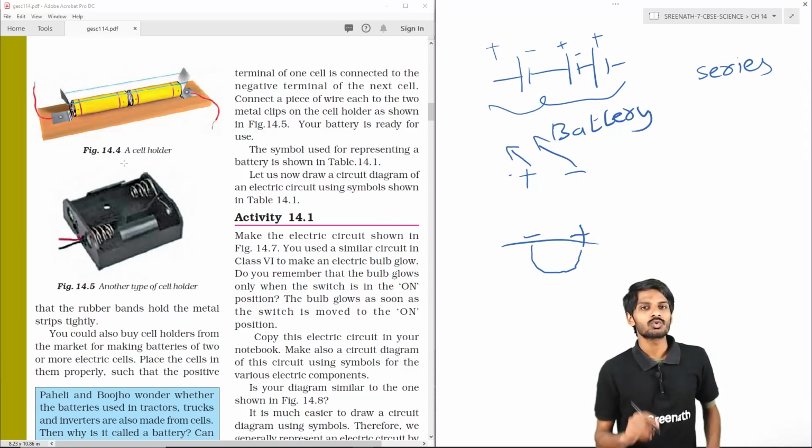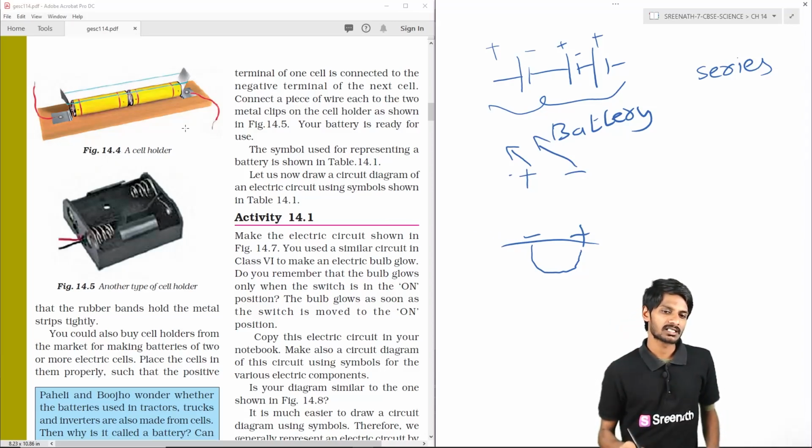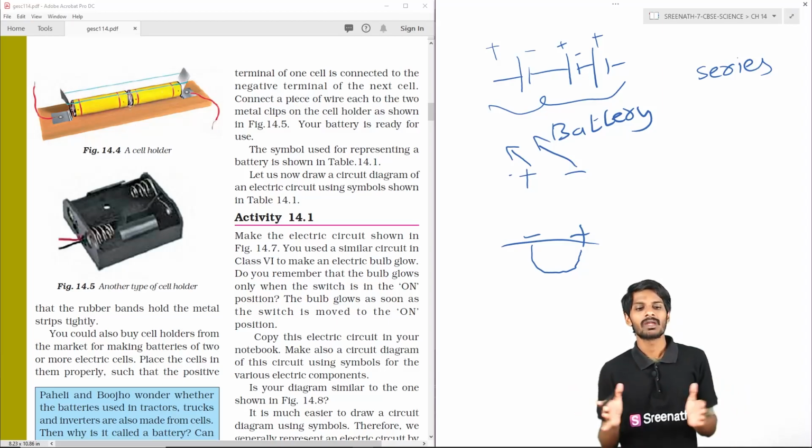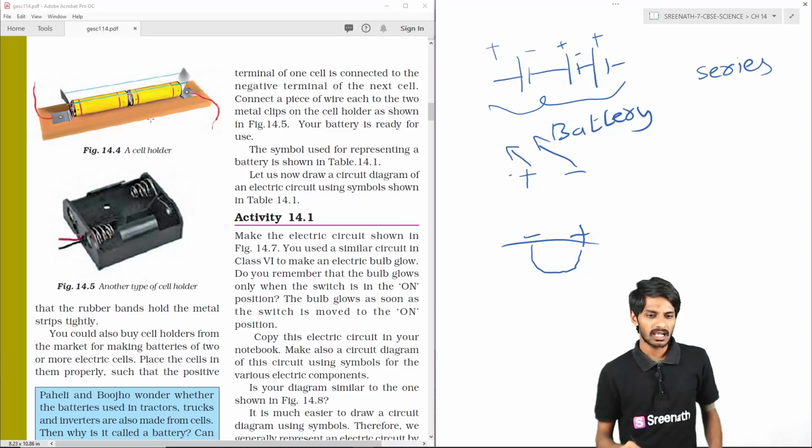Okay, and if you want to make your own cell holder, for that you need a wooden board like this, students, and we need some iron nails like this, and we will fix them like this, and we will place cells like this, and there is a rubber band to tighten the cells. Like that we will connect. This is the negative terminal, this is the positive terminal.